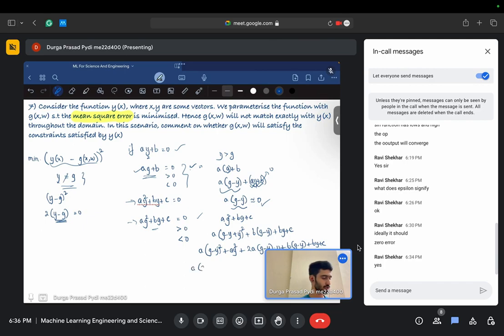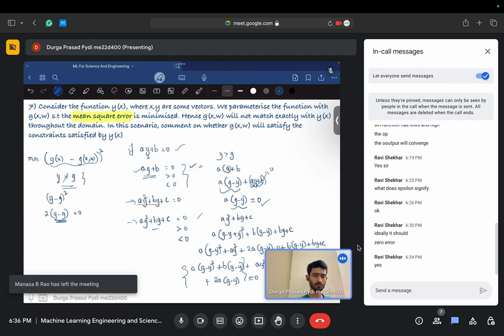So you have a times this error plus you have a y square plus b y plus c, and you also have one more term. This term is 0 because the original equation satisfies this, and this particular term will be close to 0 if your g minus y is small. This actually happens for any function that you choose. So the point here is, as long as you minimize mean square error, this particular quantity will be close to 0, so that this entire term will be close to 0.